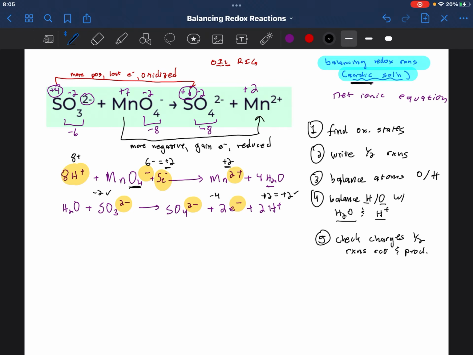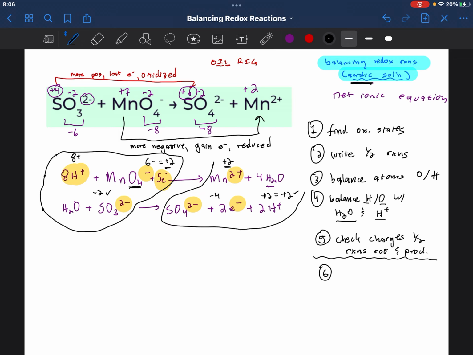All right, now is when I consider the half reactions in comparison with each other. So instead of balancing each half reaction independently, now I balance everything together. I look at everything I have on the left and everything I have on the right. These are going to be all of my reactants and all of my products in my final equation.